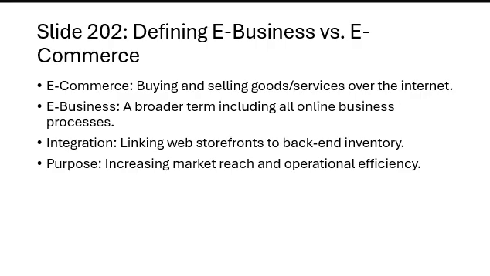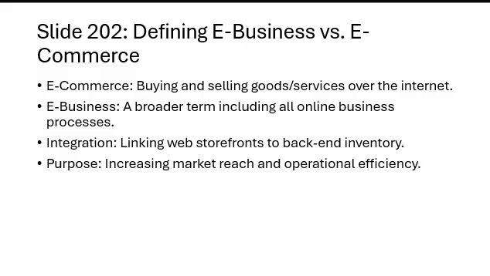First of all, we need to define what is e-business and what is e-commerce. There is a thin line between the two of them. E-commerce means buying and selling goods online, while e-business includes all online business process beyond sales.